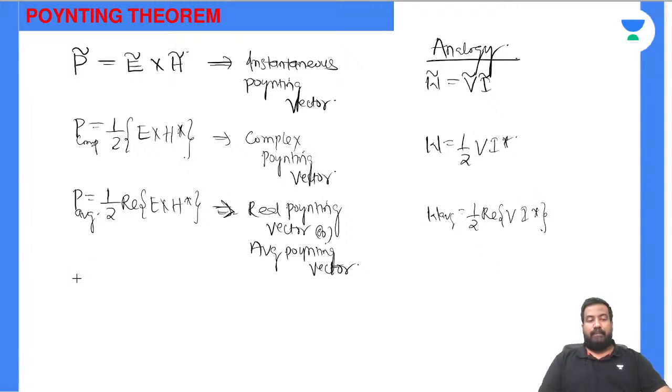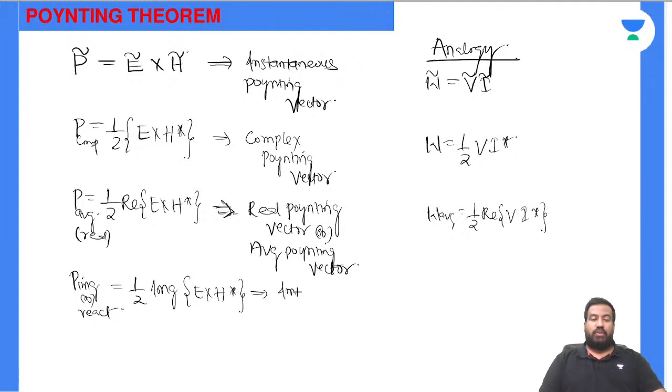Similarly, the imaginary Poynting vector or reactive Poynting vector is given by 1 by 2 imaginary part of E cross H conjugate.